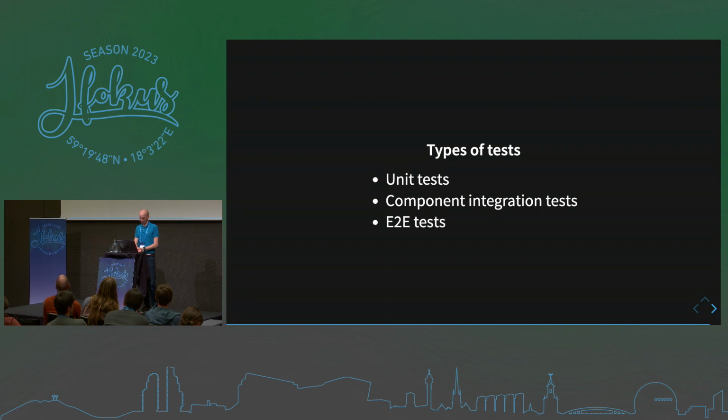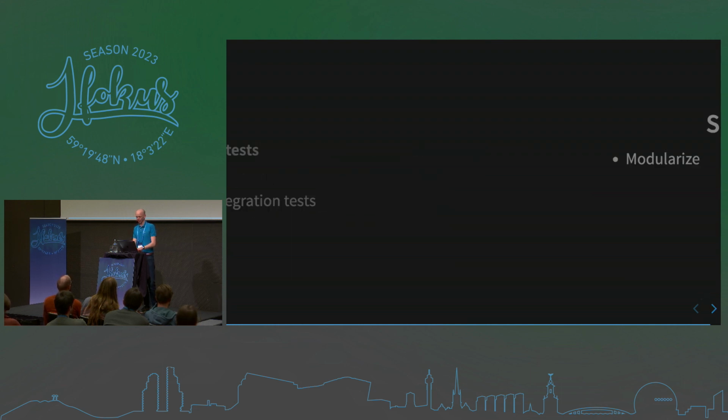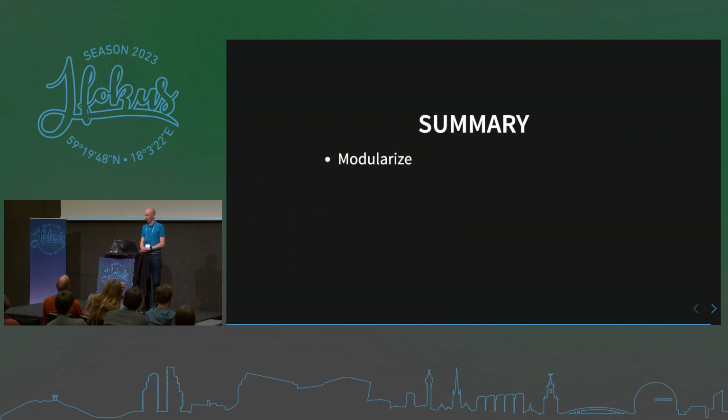I noticed that I might have talked a bit quickly because I'm nearing the end of my talk already. I'll just go through a quick summary of what I want you to take with you from this. The modules are really a key thing here. Try to keep your code base in different modules and break it up into smaller parts.